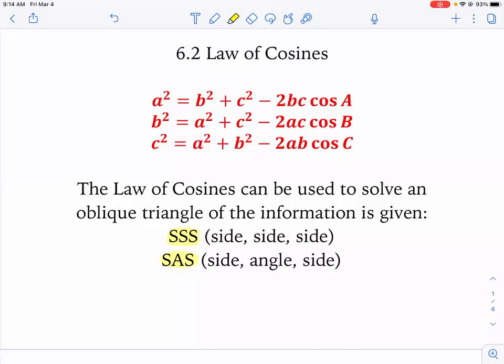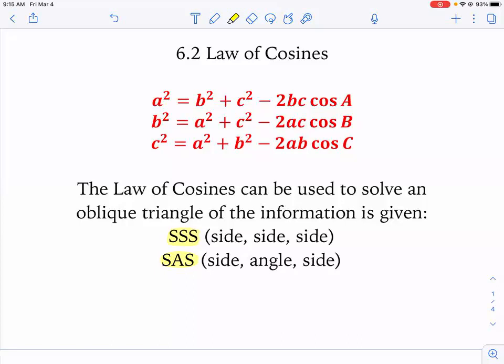Grayson made an observation that on the left side of the equal sign, you have one side and it's squared. On the right side of the equal sign, the angle matches that side. Here we have a squared equals the other two sides squared, cosine of A. So the one angle in this formula matches the loner side.